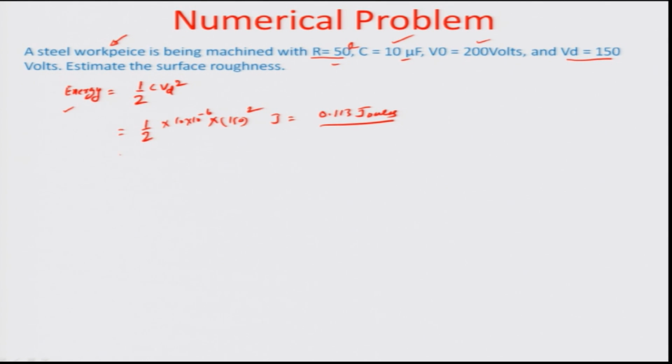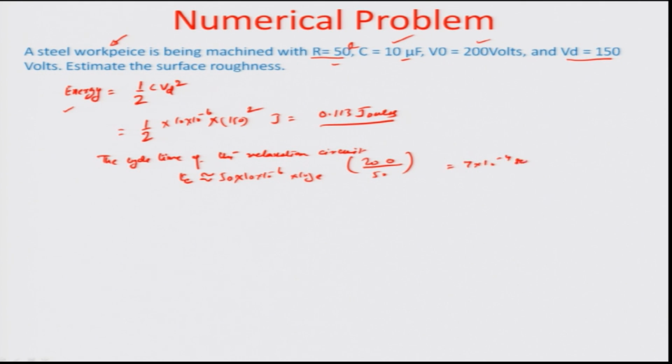We know that the cycle time Tc of the relaxation circuit can be approximated as the resistance R times the capacitance, which is 10 to the power of minus 6 farads, times log to the base e of V0 by V0 minus Vd, which is 200 by 50. Okay. So, this comes out to be close to 7 times 10 to the power of minus 4 seconds.